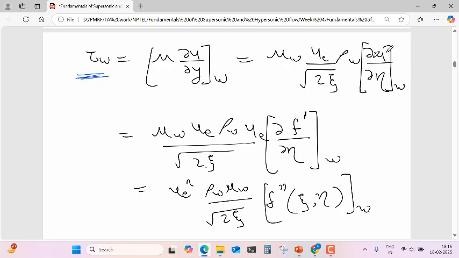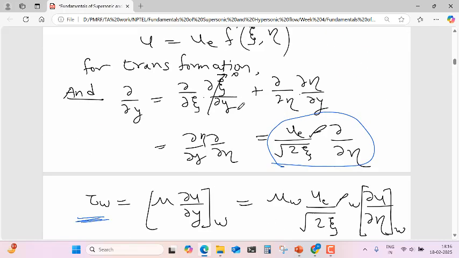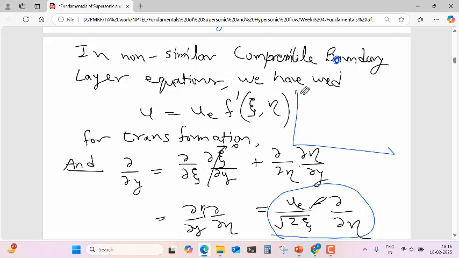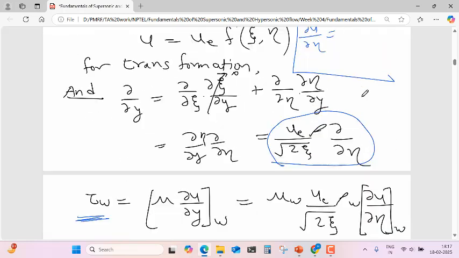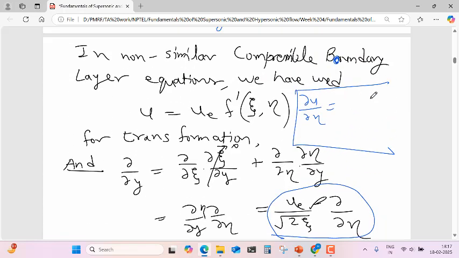So it will become mu w ue rho w upon under 2 xi, and dou u by dou eta will be f dash plus ue f double dash.